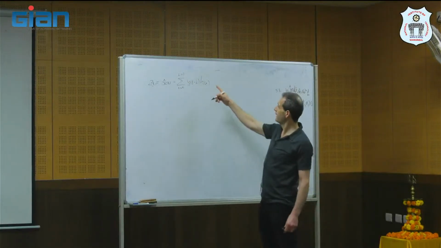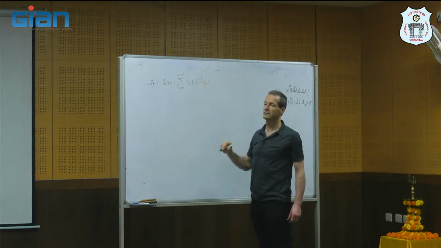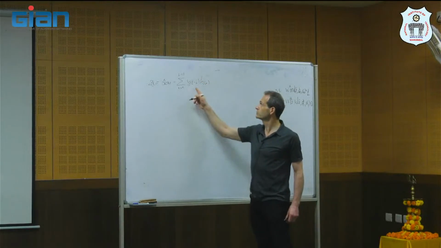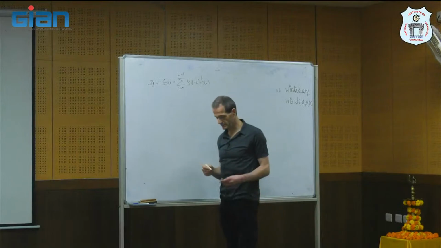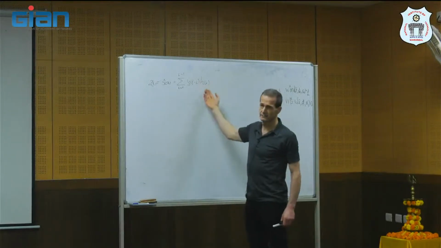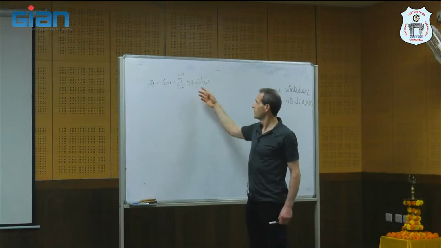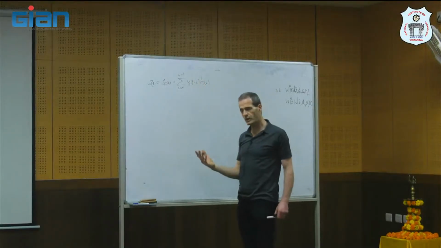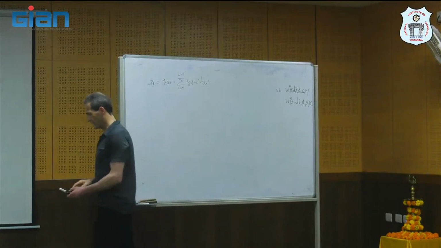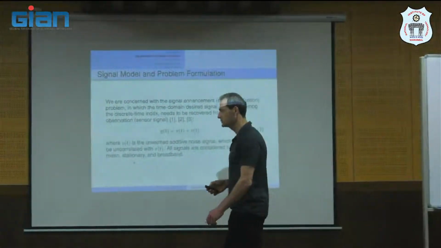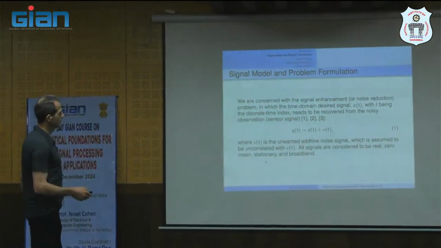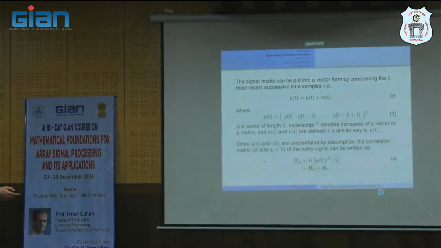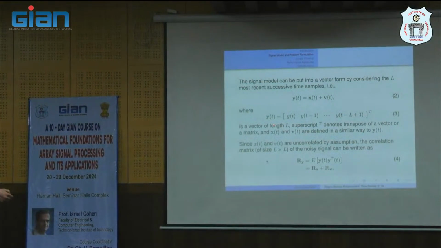And the question is, how do I design these linear weights in order to estimate the sample at time t of the desired signal? So this is a linear filter. Of course, we can do it with nonlinear filters as well, but let's limit our expressions to linear filters for simplicity. Okay, so what do we do? We take L recent samples of the measurements.